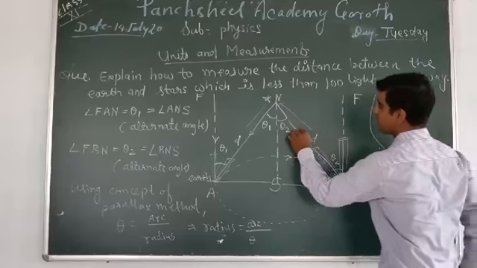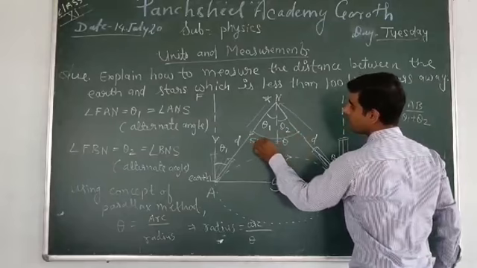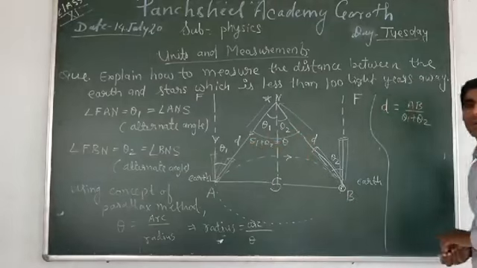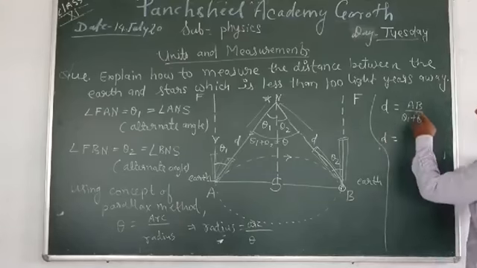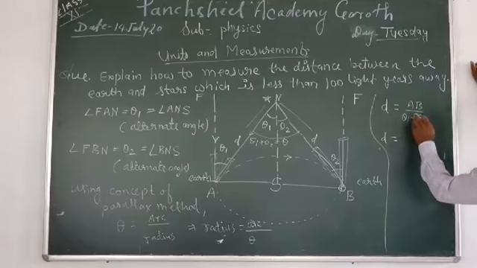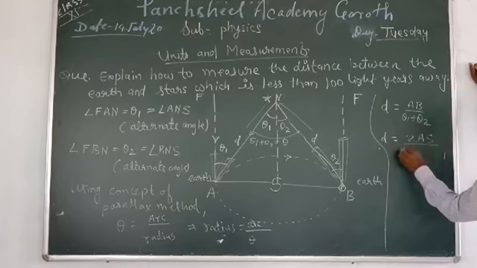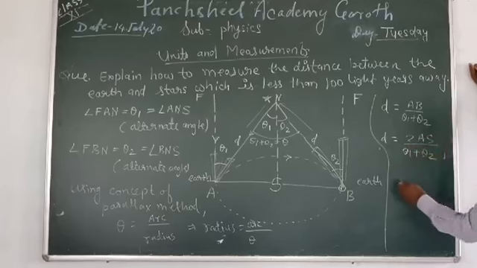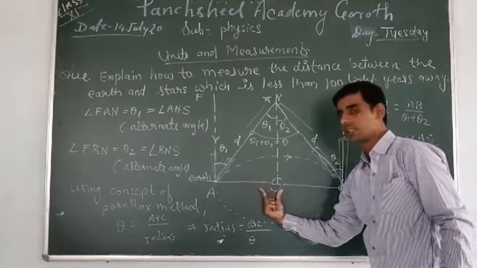Why? Because this angle theta equals theta 1 plus theta 2. So d equal to AB upon theta 1 plus theta 2, and AB is twice of AS, so d equal to twice of AS upon theta 1 plus theta 2. AS means the distance between Earth and Sun.